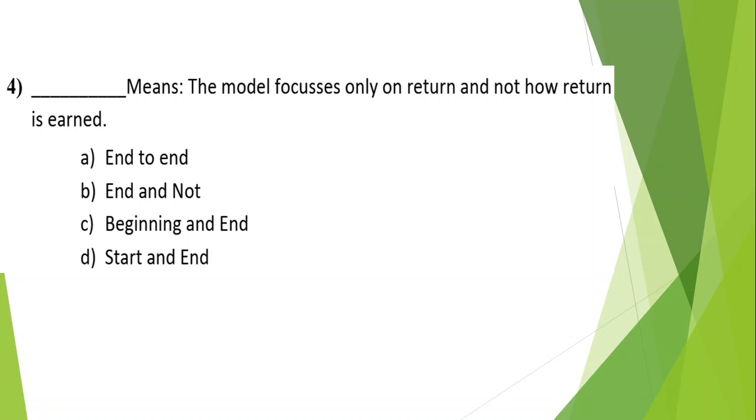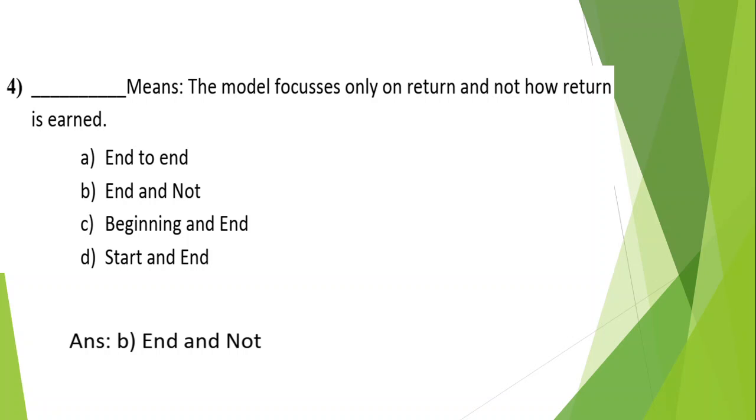Option D, start and end. Any guessing answer among these four options? The answer is option B, end and not. End and not means the model focuses only on return and not how return is earned.